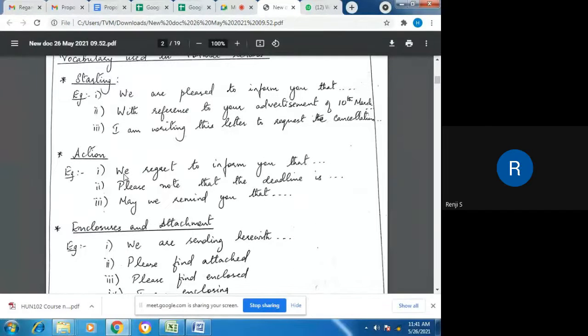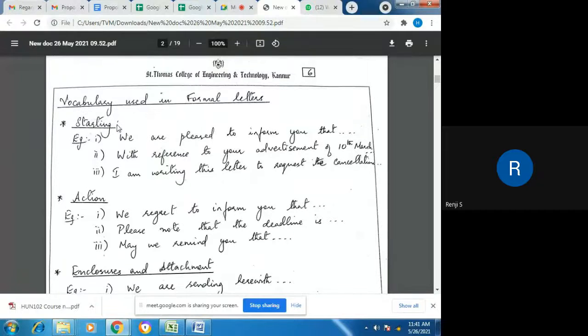So when you start a formal letter, it can be like, we are pleased to inform you. If you're going to inform the authority about something, then you can start with, we are pleased to inform you. If you are writing from an organization, then you can use we, or if you're writing for yourself, then you can write, I am pleased. Or you can start with reference to your advertisement of the 10th month.